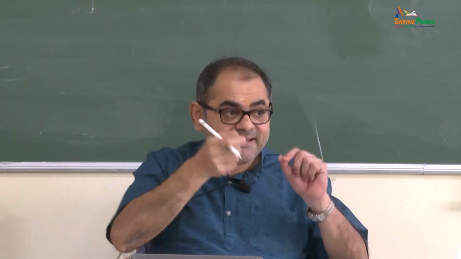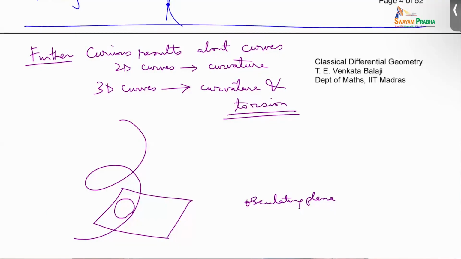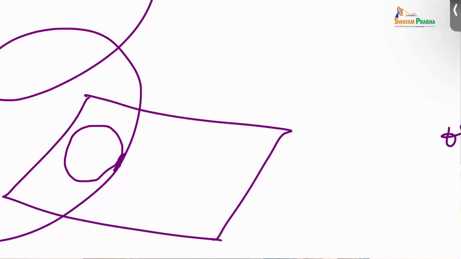At that instant, a small portion of the curve, if you look at it, appears as if it is in that plane, and for that plane, that is the circle of curvature. But still, this is not a curve which is on a plane. So this curve is going to escape from that plane. There is this tendency of this curve to escape from the plane at every point. That's what makes it a space curve.